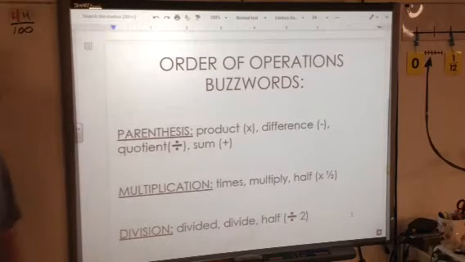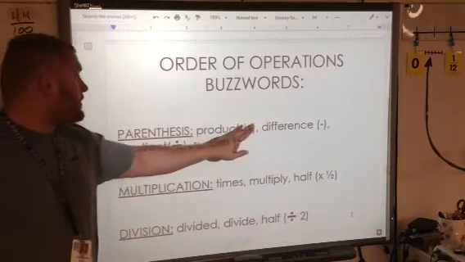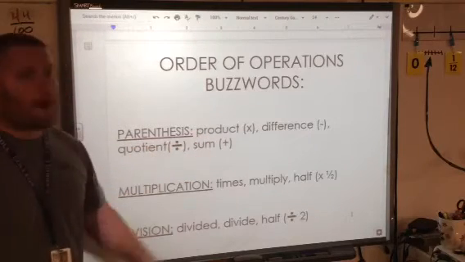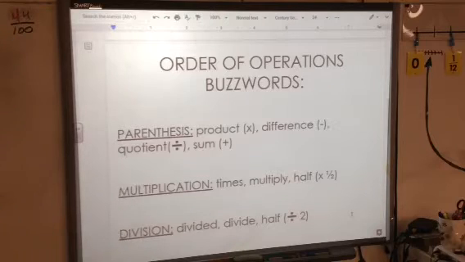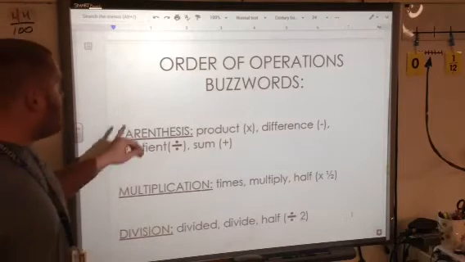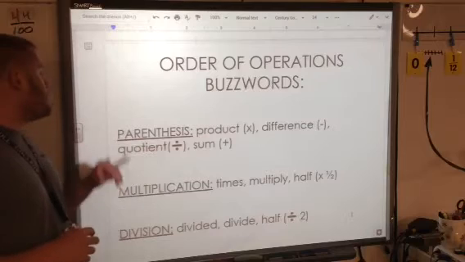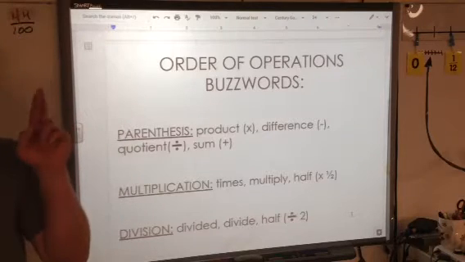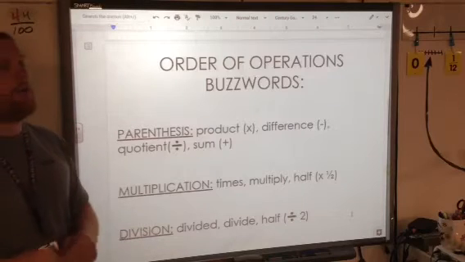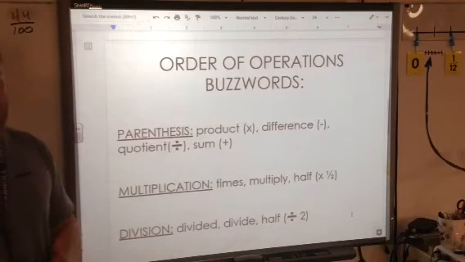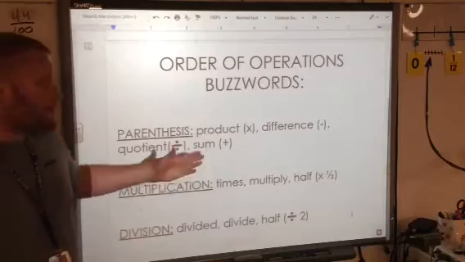Whenever we hear product, difference, quotient, and sum, we're thinking that's the result of whatever operation we're using. Whenever we hear these buzzwords, it indicates that there are already parentheses in there, and we have to perform that first, because this means the result.